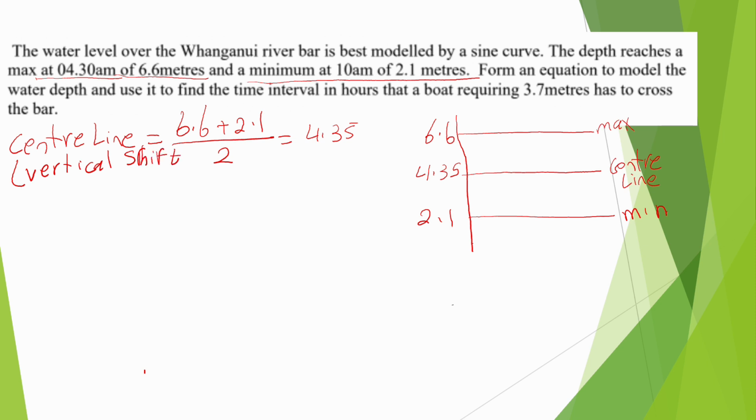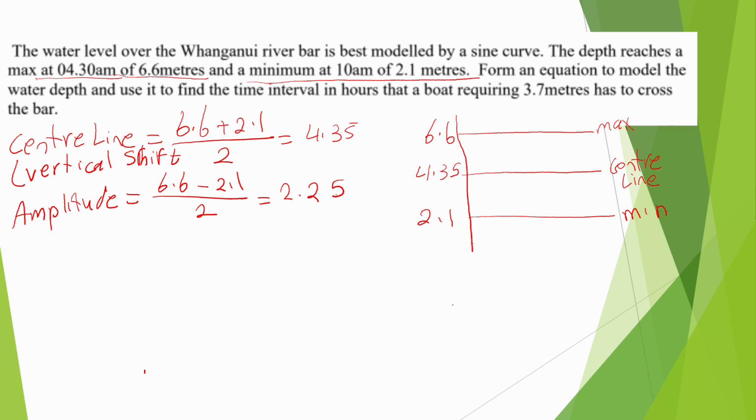Okay, now the next one is we're going to find the amplitude, which is another easy one. Max minus min over 2, and it's equal to 2.25. And so that's your amplitude, the A variable in your equation.